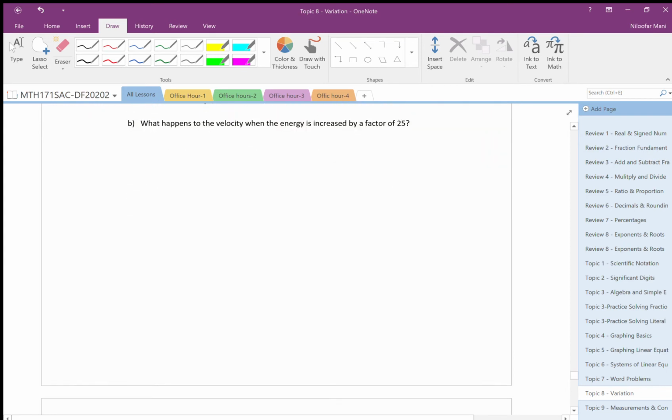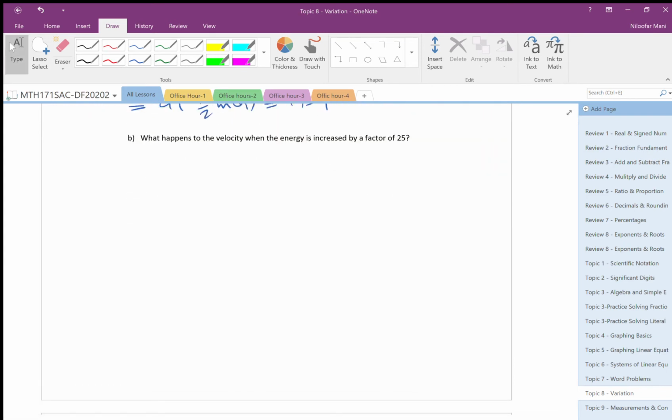How about this one? It says, what happened to the velocity when energy is multiplied by 25? So see here, E is 1 over 2 m v squared. If E is multiplied by 25, what do you think about V? The 1 over 2 is not changing, m is not changing.